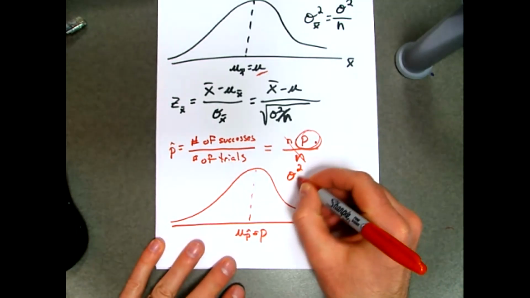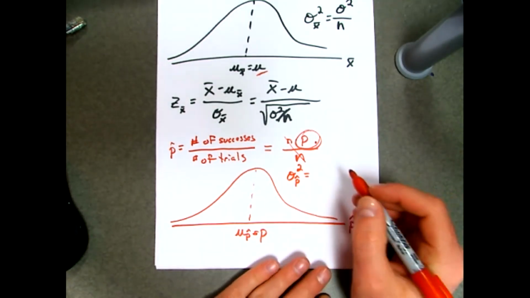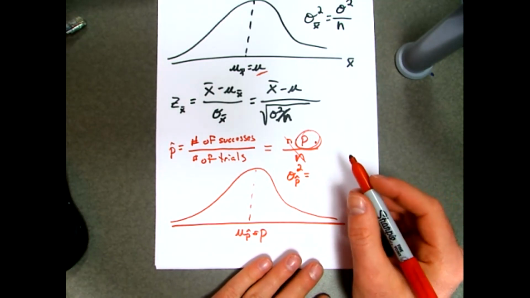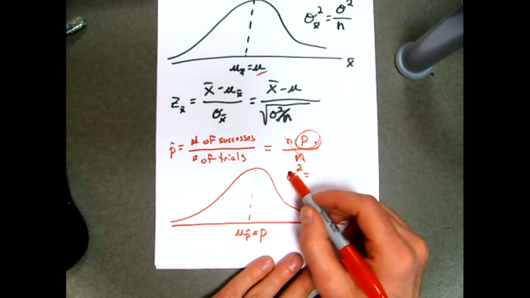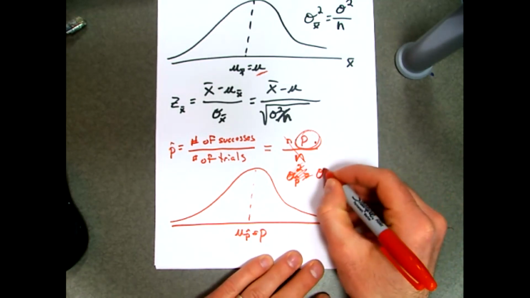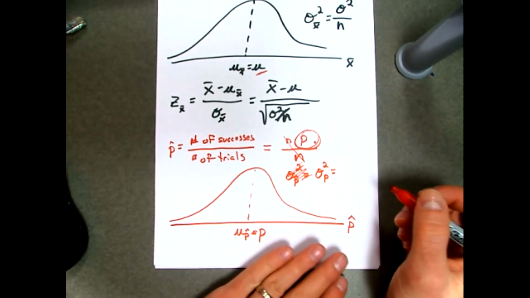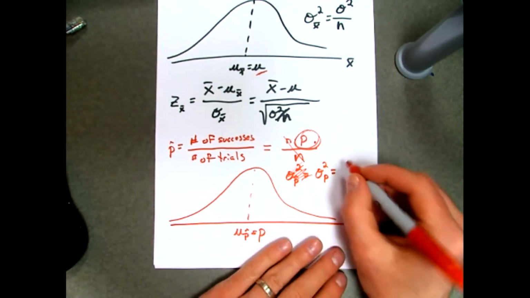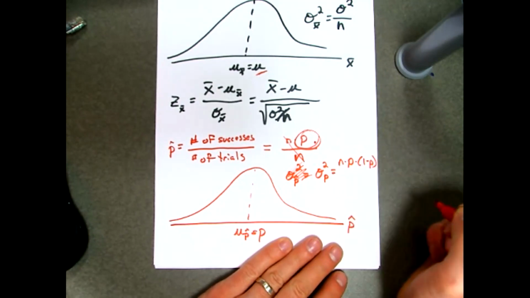The variance of my sample proportions. Well, remember the equation we had for the variance. Actually here, I want to hold off on this. Sorry, the variance of my population proportion. Well, we had the variance equation for our binomial on the number of successes was n times p times 1 minus p.